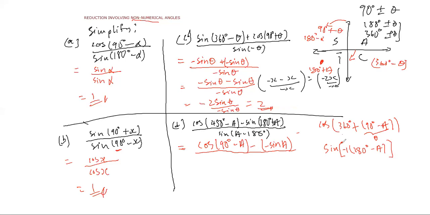You see that? So that's one thing that you can have there. And then you're going to have minus, because sine of a negative angle is minus sine of that angle. So minus sine(180 minus a). That's what you could have, which will give you minus sine a, because sine is positive in the second quadrant.